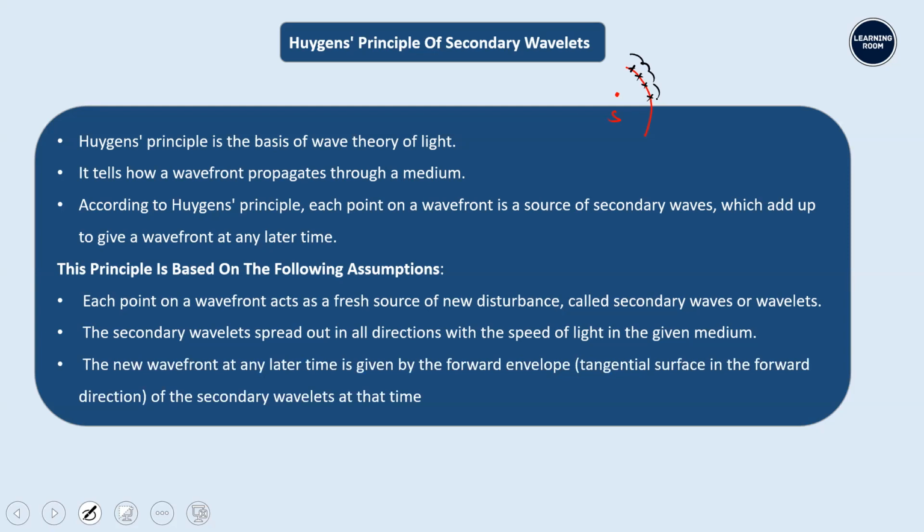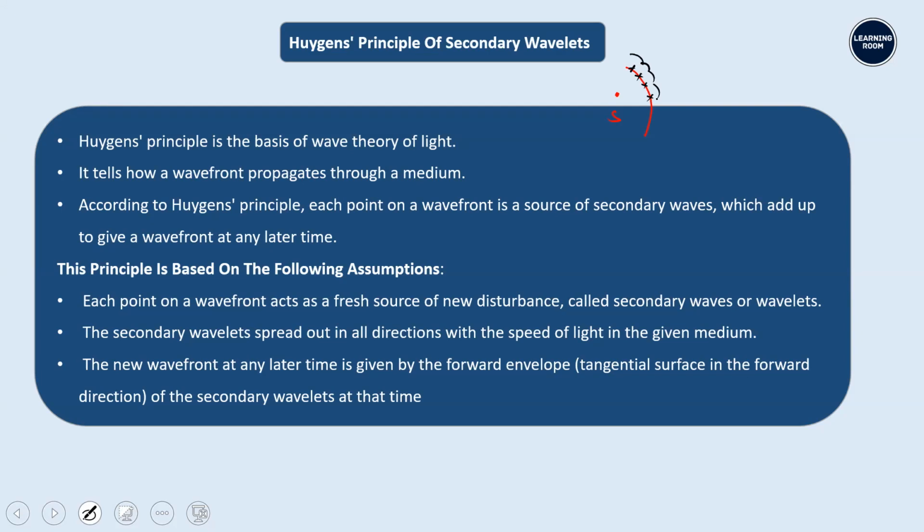So yes, I have drawn the wavelets, but how am I going to get the new wavefront? Look at it. The new wavefront at any later time is given by the forward envelope. Here forward envelope means the tangential surface that you're going to plot to these wavelets in the forward direction.